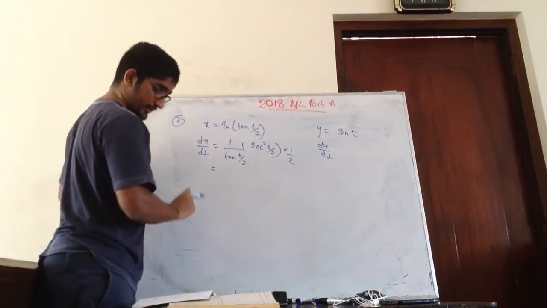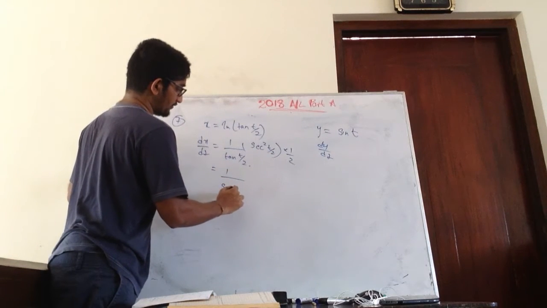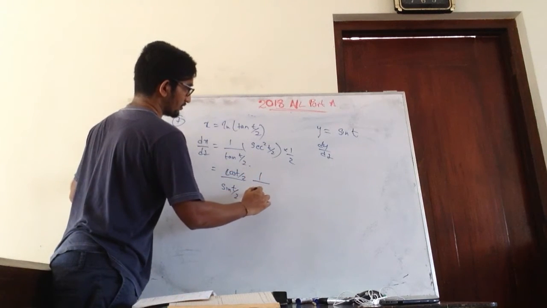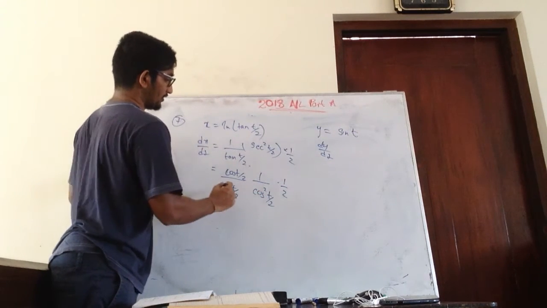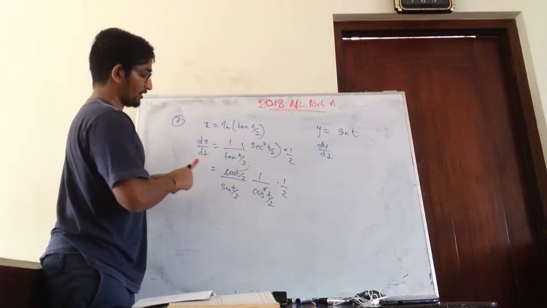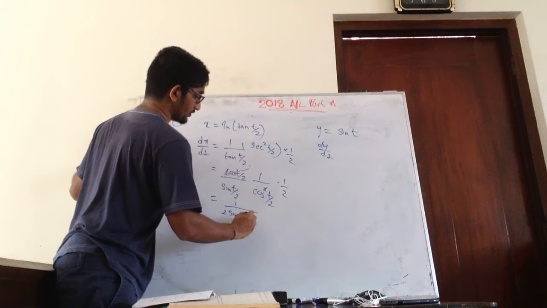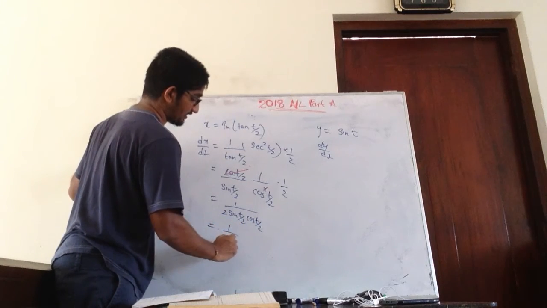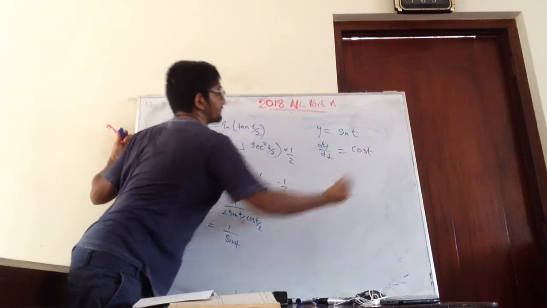This is going to be sin(t/2) cos(t/2) over cos squared(t/2). So I can cancel one of the cos out. Then I will get 1 over 2 sin(t/2) cos(t/2). So this is basically 1 over sin t. Here if I differentiate y, this is basically cos t. Simple as that.